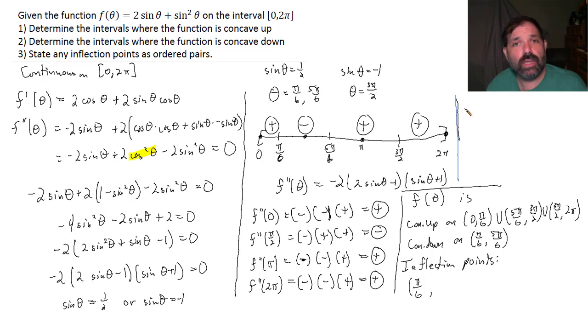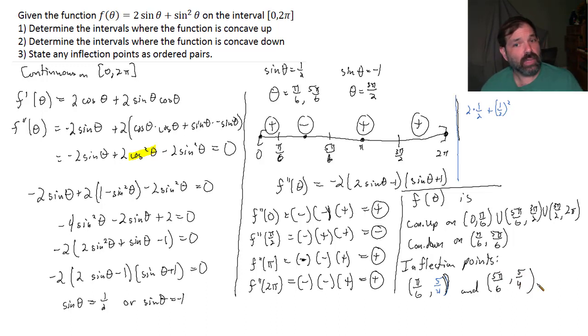Sine of pi over 6 is 1/2. So I'd have 2 times 1/2 plus 1/2 squared. So that's 1 plus 1/4, that would be 5/4. And at 5 pi over 6, the sine of 5 pi over 6 is again 1/2. So again, we'd have 5 pi over 6, 5/4.